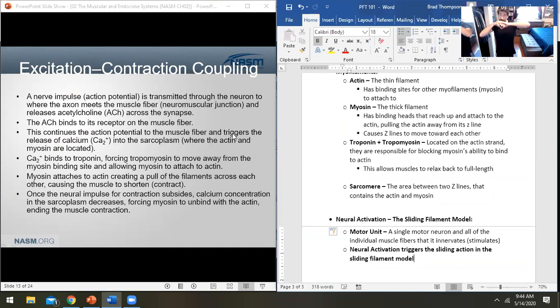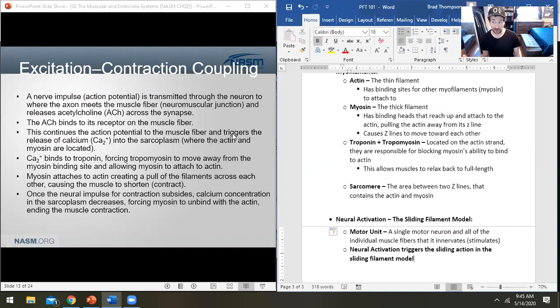So now the muscle fiber starts generating electricity, and it zaps around the entire fiber of the muscle. And remember earlier we were talking about the sarcoplasmic reticulum? That electricity travels along the sarcoplasmic reticulum, releasing calcium into that area of town where actin and myosin are living.